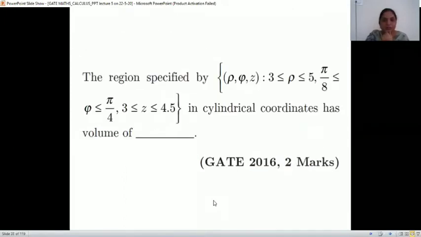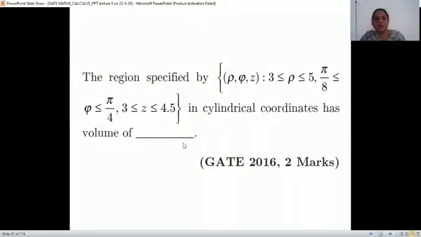Next question. The region specified by rho, phi, z: 3 is less than or equal to rho is less than or equal to 5, rho lies in 3 to 5, phi lies in pi by 8 to pi by 4, and z is lying in 3 to 4.5.